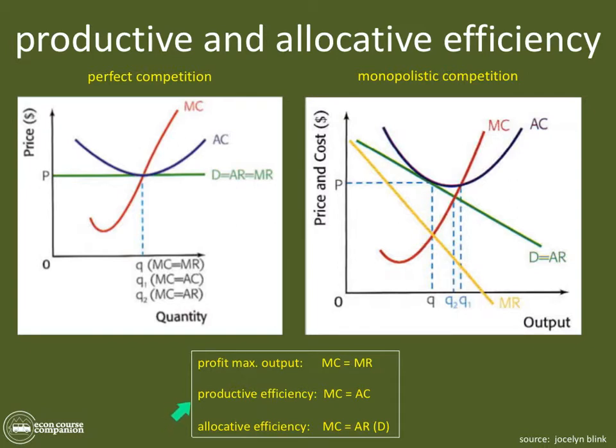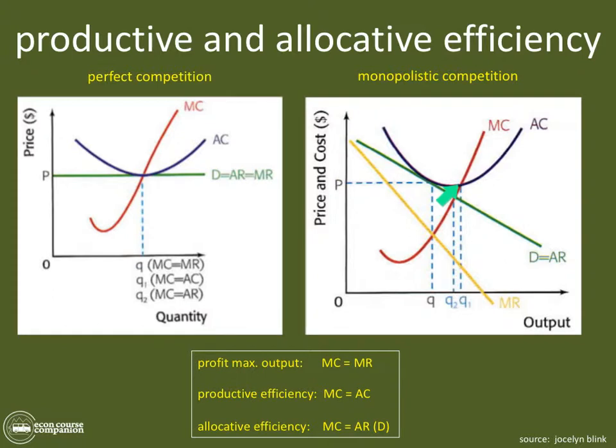So here, productive efficiency, where is that? Well, that's where MC equals AC. Okay, so MC equals AC right there. In monopolistic competition, firms will have normal profits in the long run.